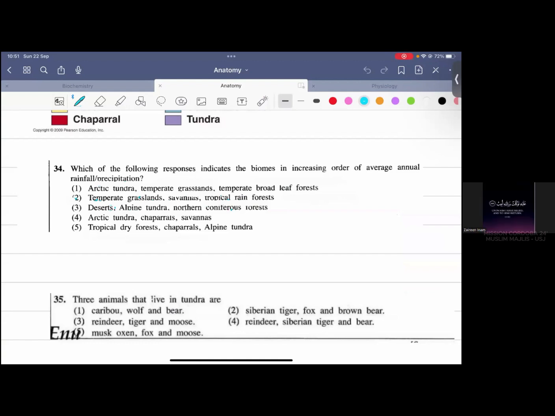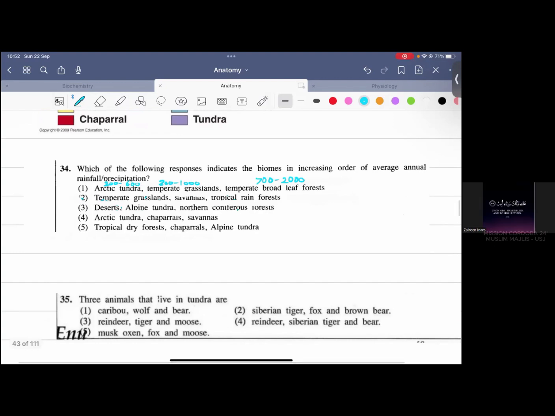What about temperate grassland? 300 to 1,000. Temperate broadleaf forest? 700 to 2,000. So the first question itself, you get the answer because that is in increasing order.